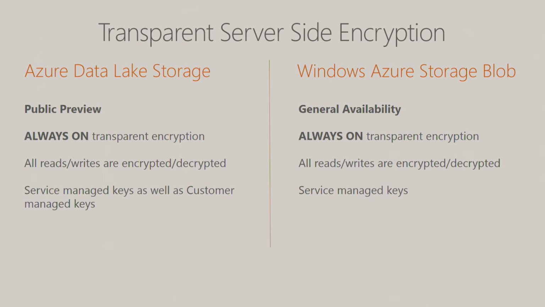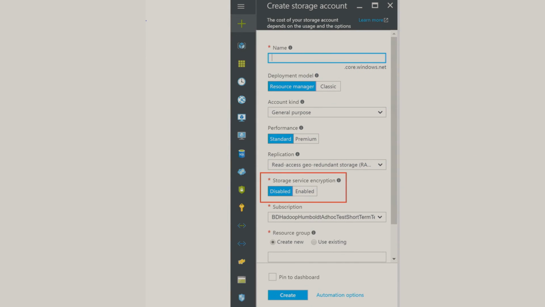The keys for this encryption are managed by Microsoft for WASB. And for ADLS, you have an option to manage your own keys as well, where you would store the keys in Azure Key Vault or someplace. This is just a screenshot of how easy it is to create a storage account and enable encryption on that one.